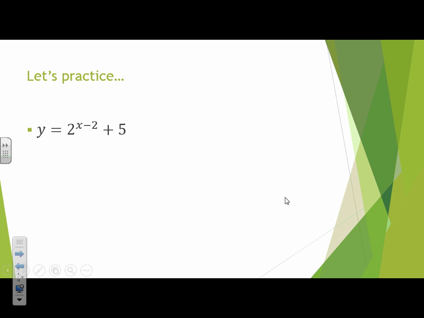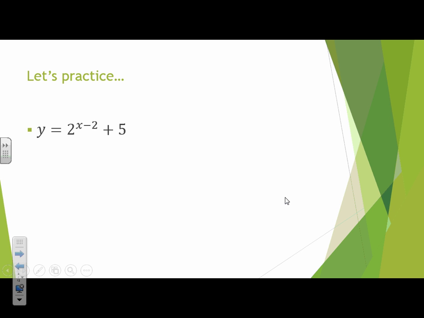So let's practice. If you have y is equal to 2 to the power of x minus 2 plus 5, what is the value of h? I'm sorry, my bad. Since h is equal to what? H is equal to a positive 2, so you're going to go ahead and write in 2 in the first blank. Then the graph moves, what goes in the next blank? 2 units to which direction?